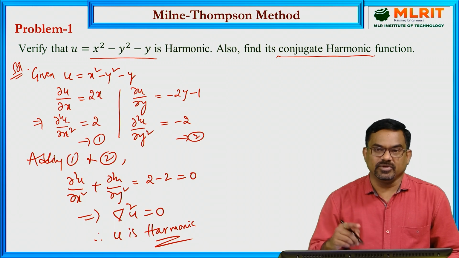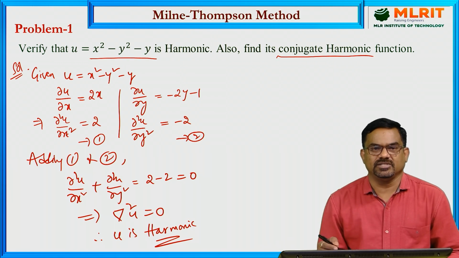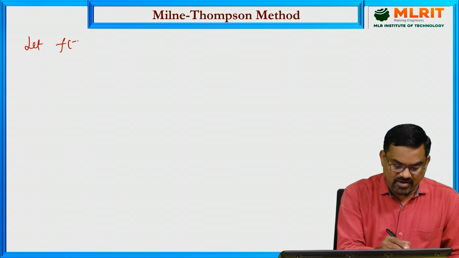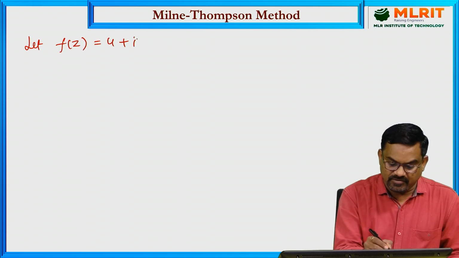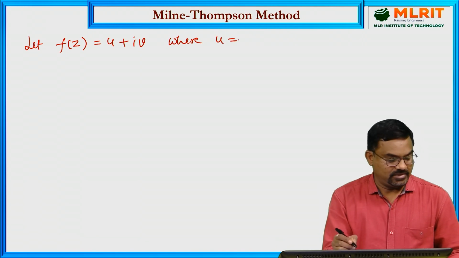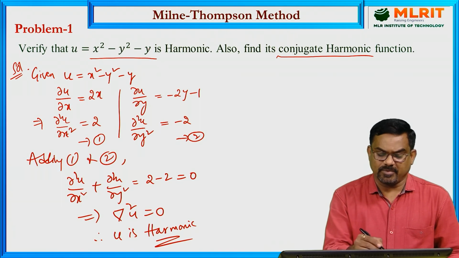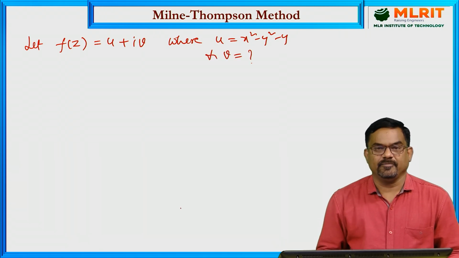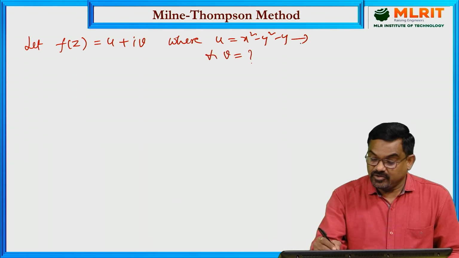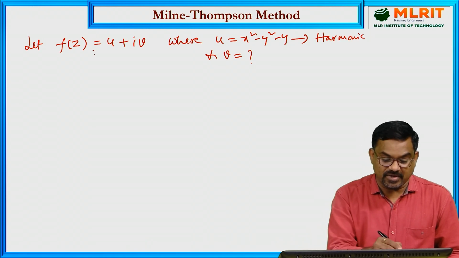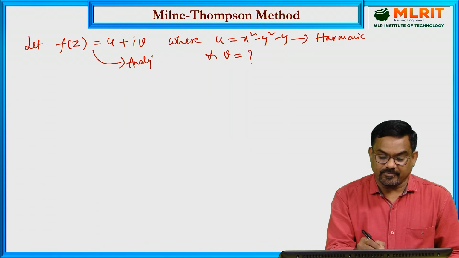So that means we need to find v such that f of z is u plus iv. Let f of z equal to u plus iv, where u is x square minus y square minus y, and v it is required to find, and here u is already harmonic and this function itself is analytic.